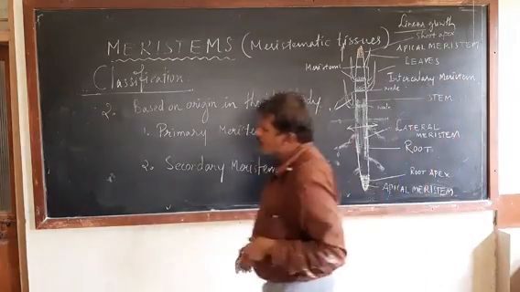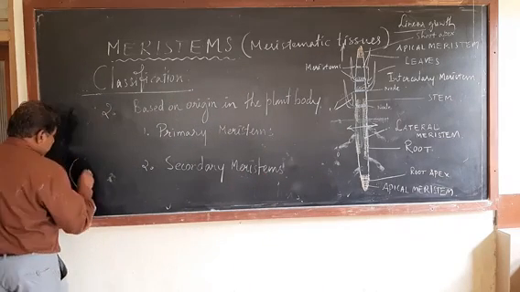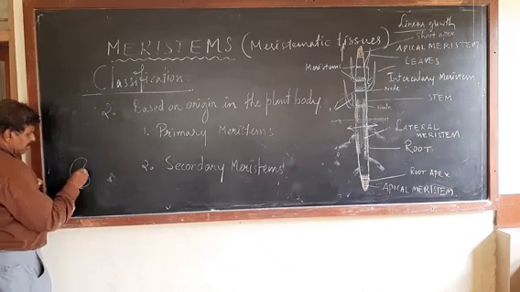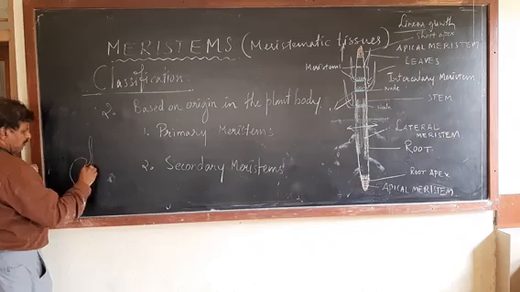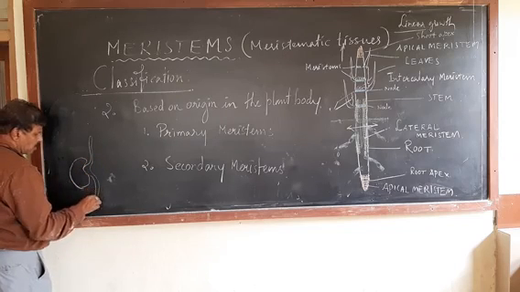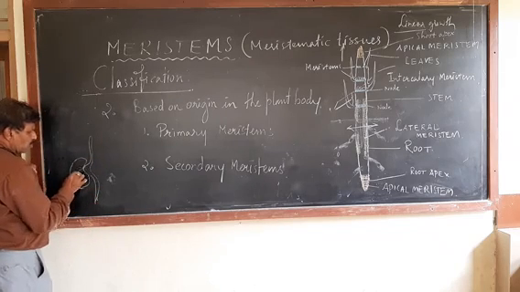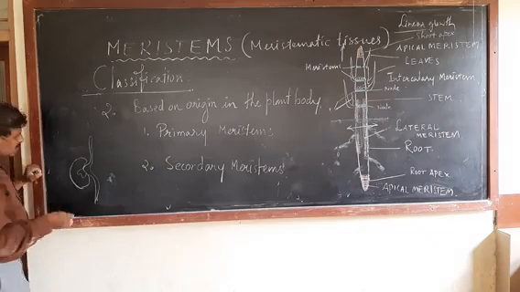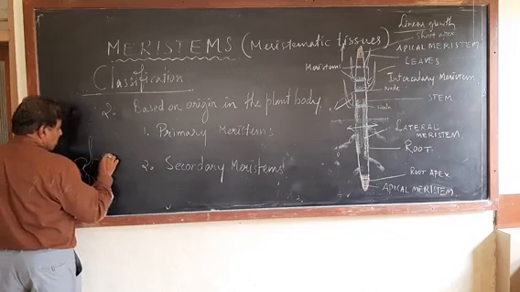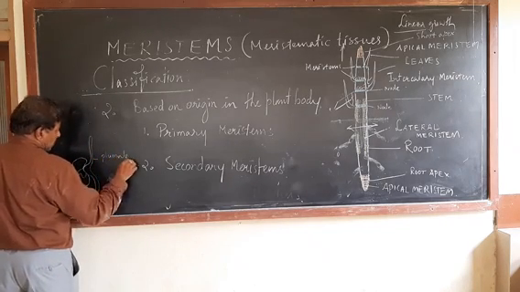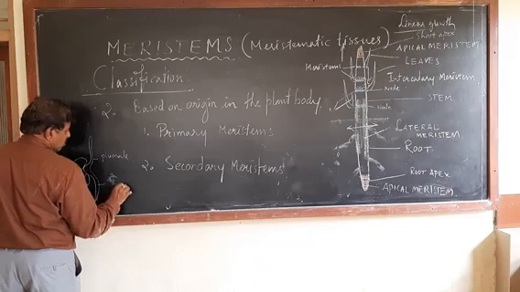Suppose, for example, you look into the embryo. This embryo usually has parts like the plumule and the radicle.